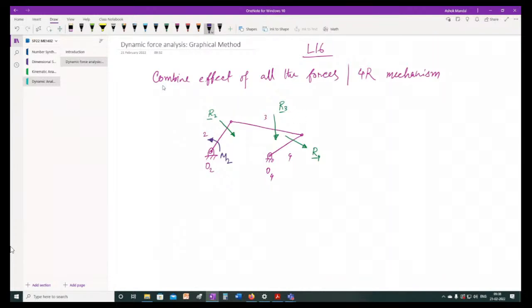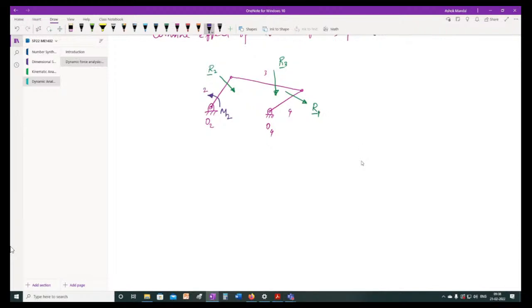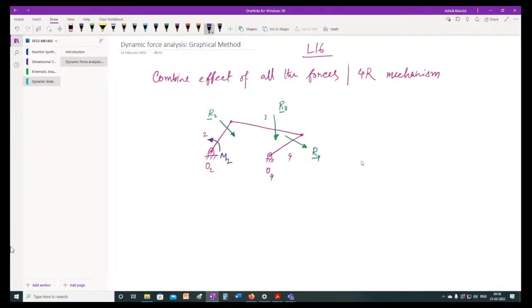The method we are following for this is the combined effect of all the forces. What we need to do is draw the free body diagrams. When you solve a problem in dynamics using the Newtonian method, it is obvious that you must draw free body diagrams.